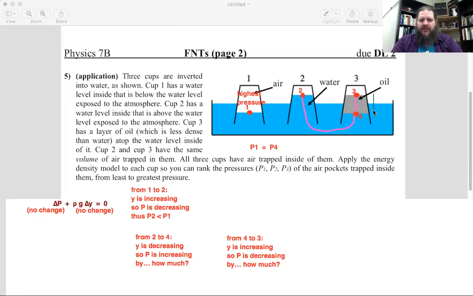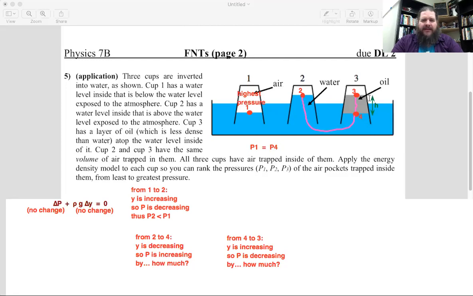Let's say this difference in height is h. And note that going from 2 down to 4 is losing height h. Going from 4 up to 3 is gaining height h. So it's the same amount of change in height. We just treat one of them as positive, the other as negative.